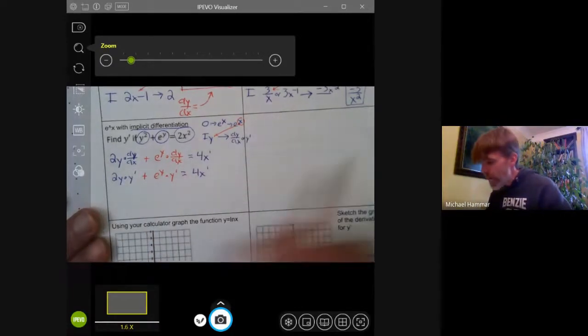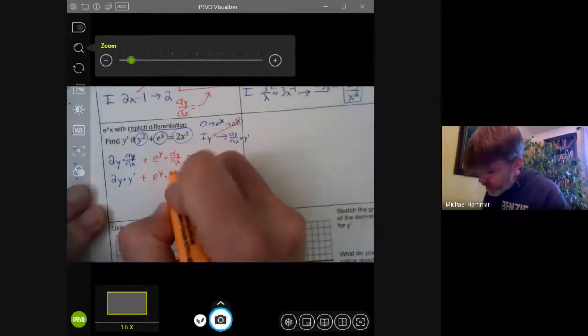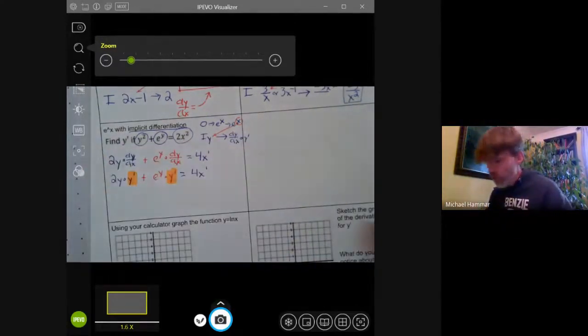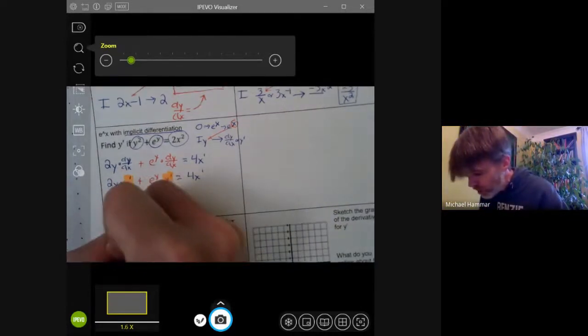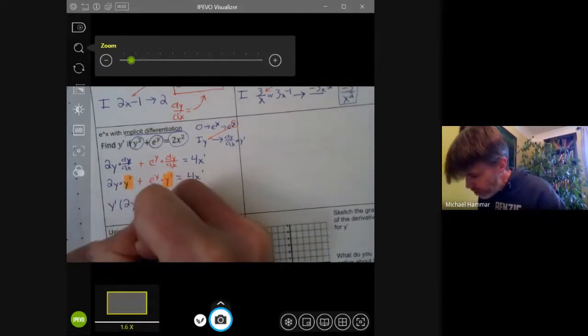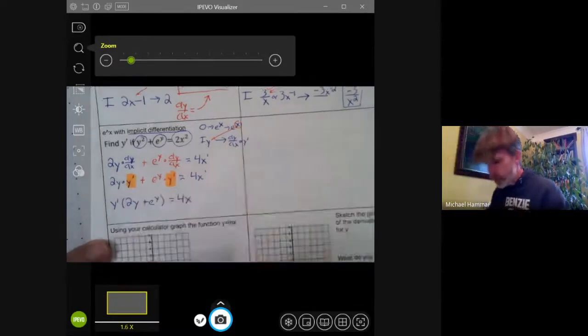So, how do you now find y prime? So, you have to get all the y primes on one side. So right now, what's nice is we already have it. Here's all of my y primes. So if I have y prime on the same side, I just factor out my y prime. So I'm going to get 2y plus e to the y equals 4x.